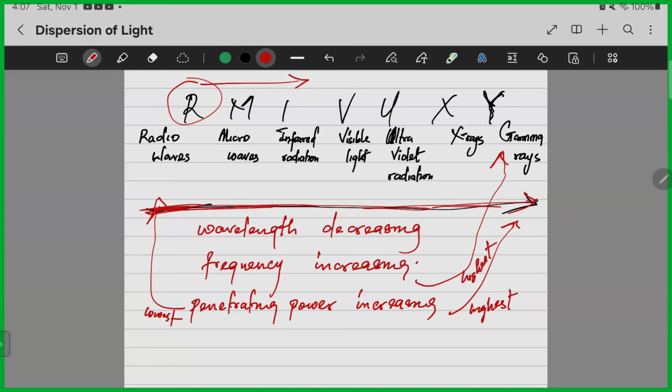For something that is decreasing, radio waves have the highest, and gamma will have the lowest. So just keep some of those principles in mind.